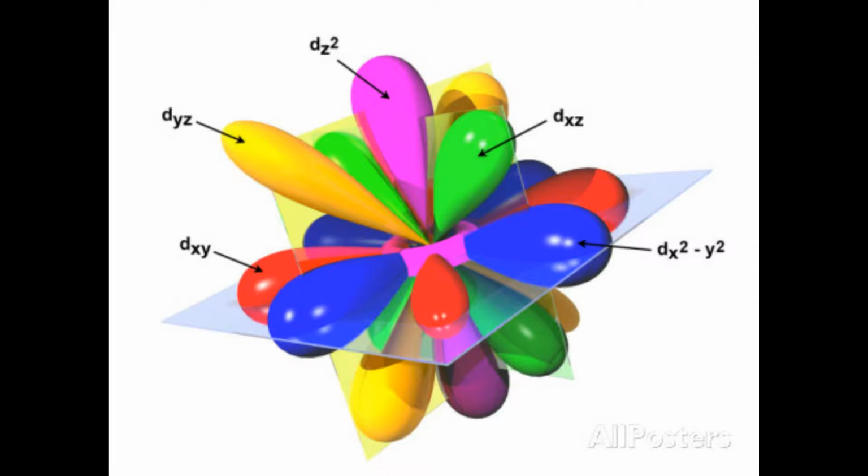Now time for some theory. Here you see the 5 3d orbitals of the copper metal. They look kind of complicated, and they are actually more complicated if you try to describe them with mathematics.